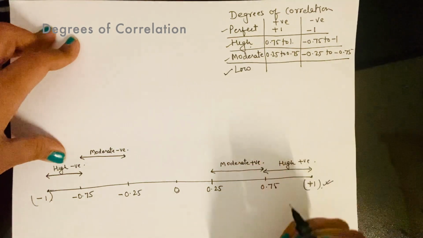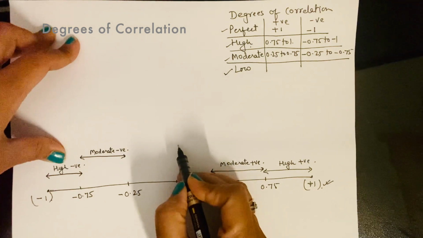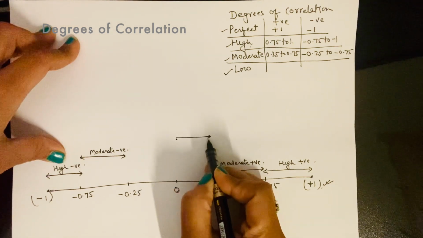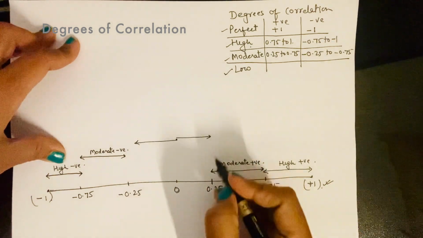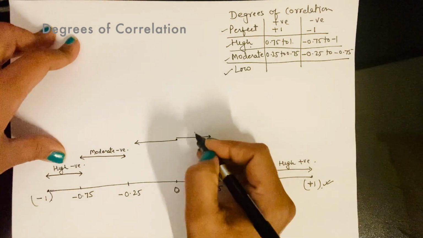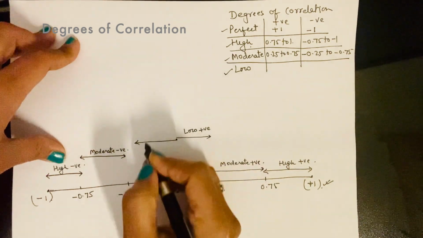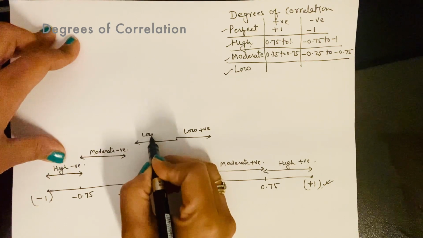Now we will do the low degree. So what is the low degree? Any value that varies from 0 to 0.25 towards the positive or negative. So 0.25 towards the positive will be the low positive, and towards the negative, 0.25 will be the low negative.